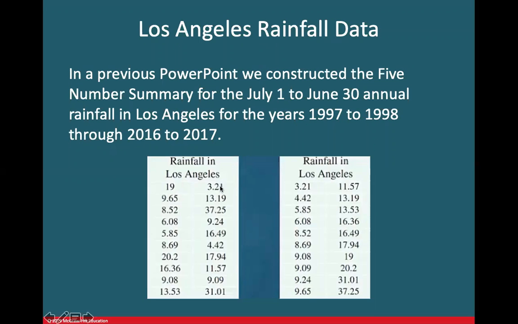Yeah, 3.21 is the smallest, and the maximum one is 37.25. The table on the right is ordered. I thought these were different values, but no, that's ordered. I didn't read the text. So this is the ordered one. Very good. So the minimum is 3.21 and the maximum is 37.25.